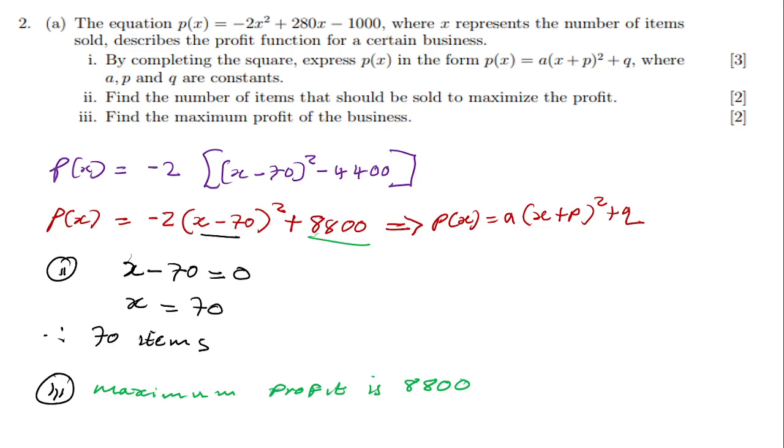You haven't been given the currency. If it was kwacha, you would have put kwacha. If it was US dollars, you would have put US dollars. But we have not been given the currency, so you just leave it the way it is.